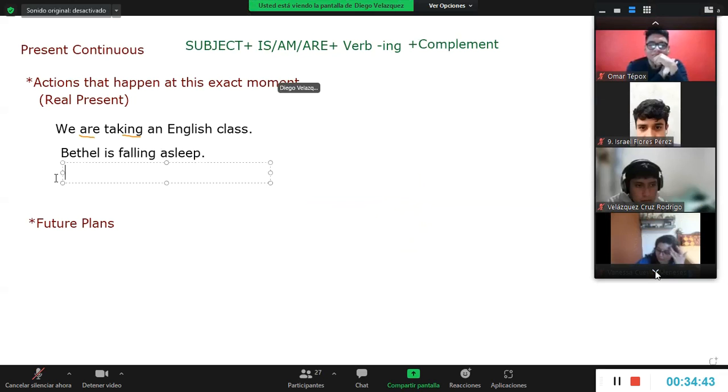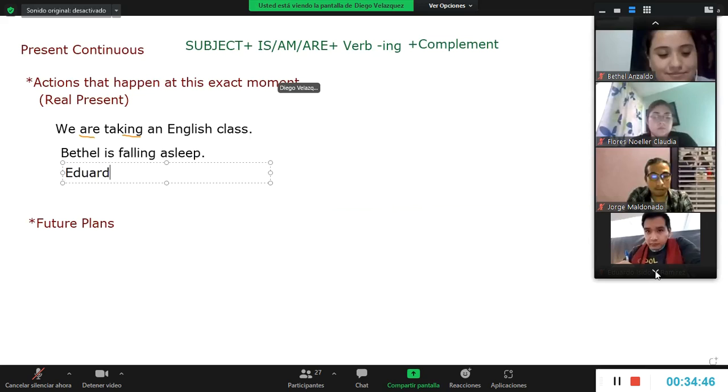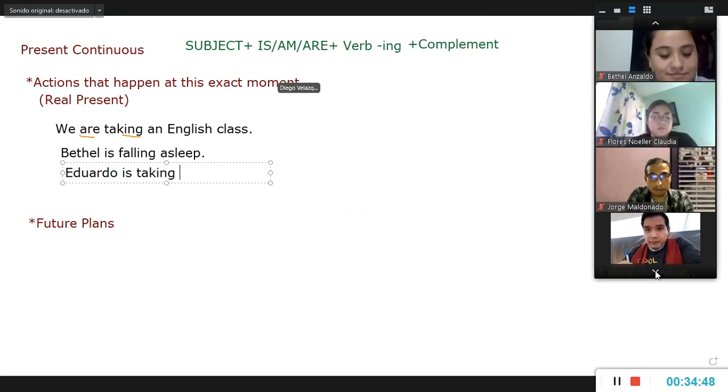Another situation I can observe is the next. Eduardo is taking notes of the class. If you look at our classmate Eddie, he's with the pen, taking notes, very concentrated. So what's the point in here, guys?